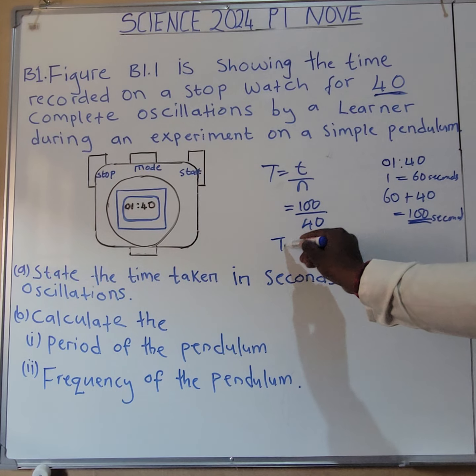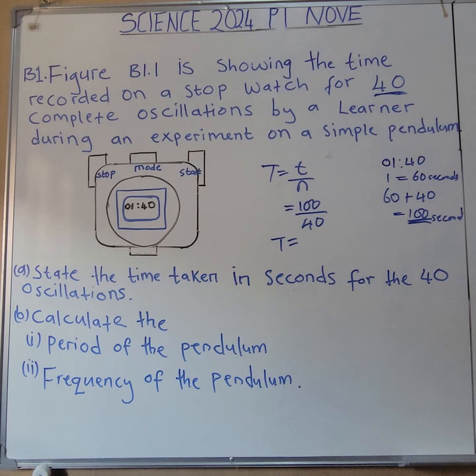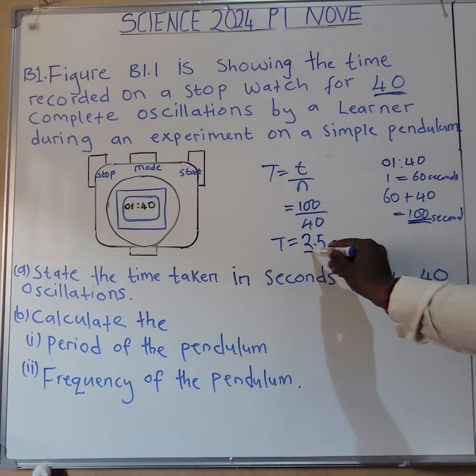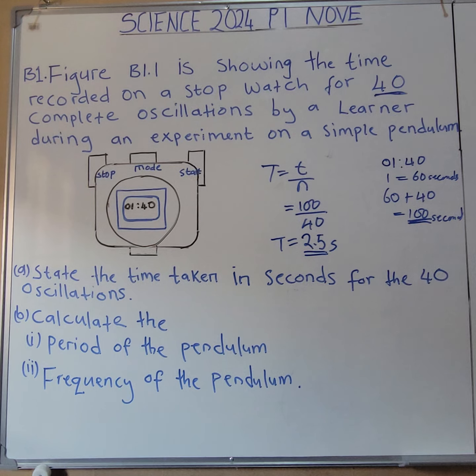So what is our period? Get your calculators and divide this. You get 2.5 seconds. That is the period, 2.5 seconds.